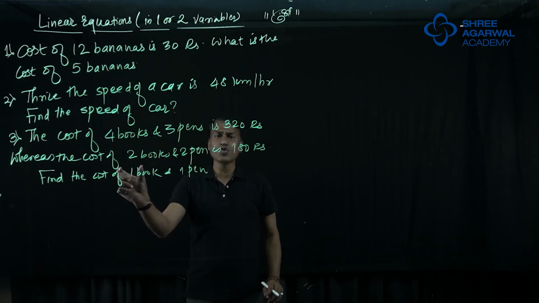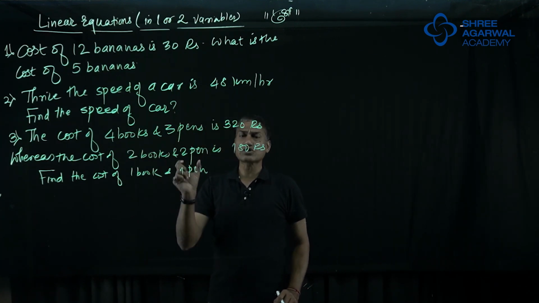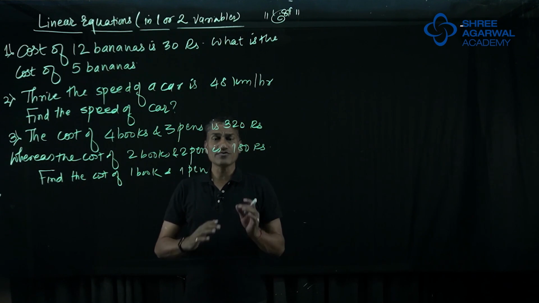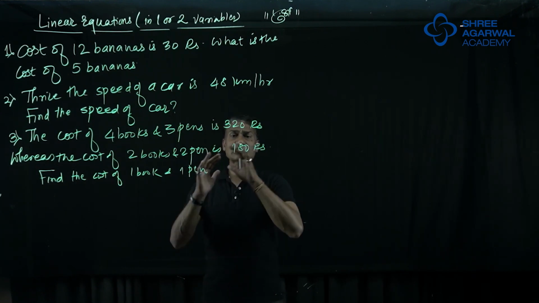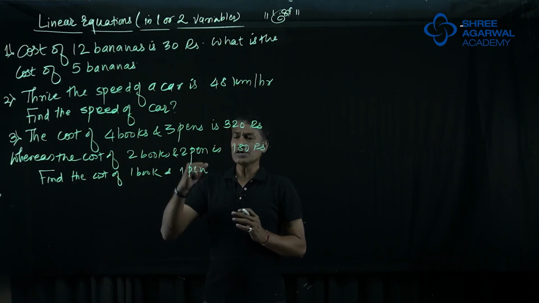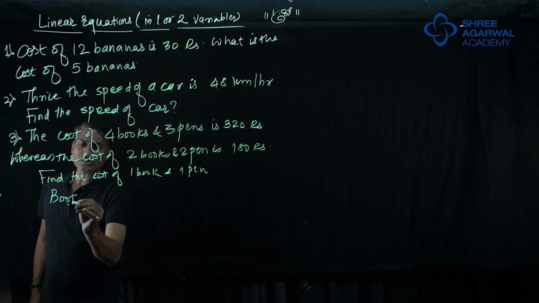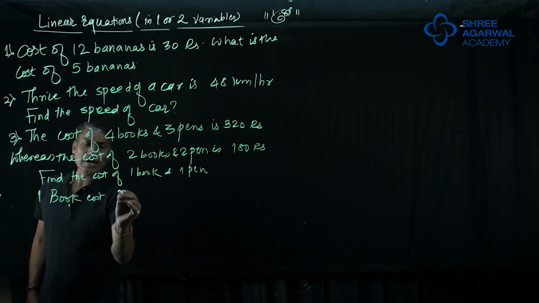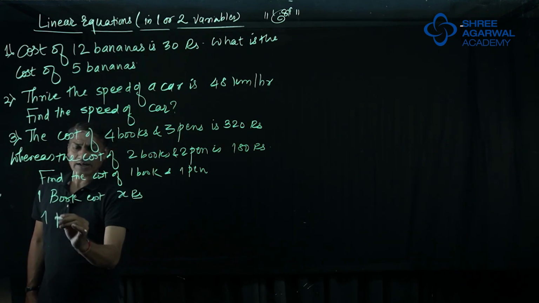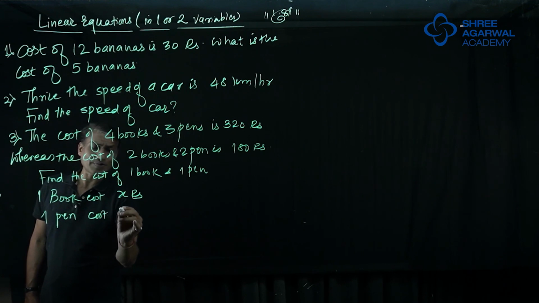Now, in this there are two variables. One is the cost of book, one is the cost of pen. So, we have to first make the equations. Here, let one book cost x rupees and let 1 pen cost y rupees.